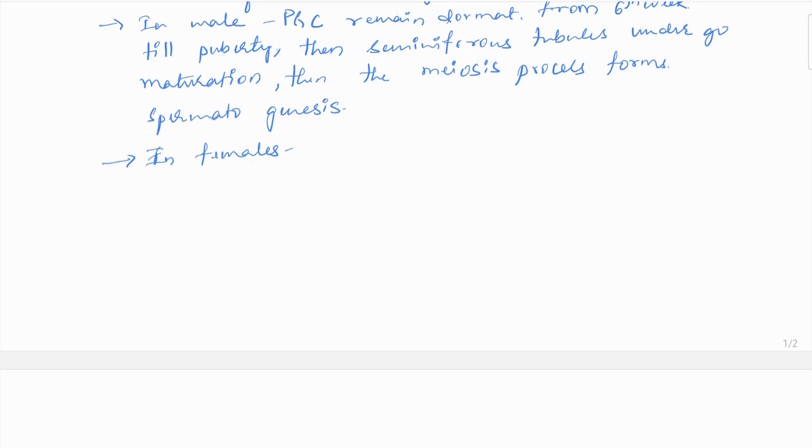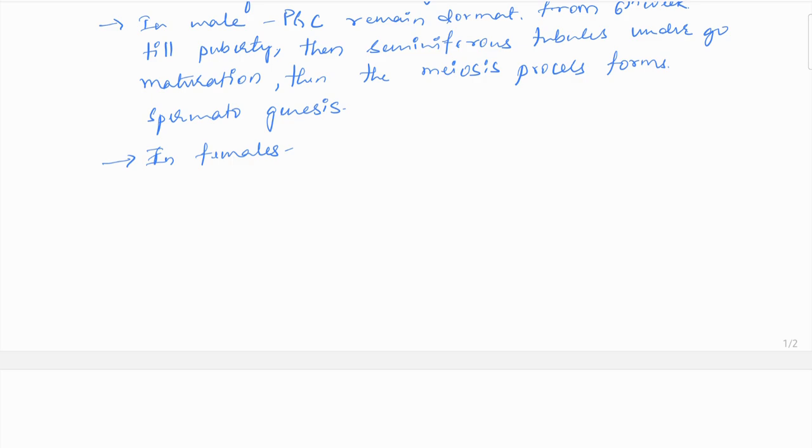Until then they are arrested. The meiosis process started in intrauterine life, but it gets arrested there and stays in a paused condition.